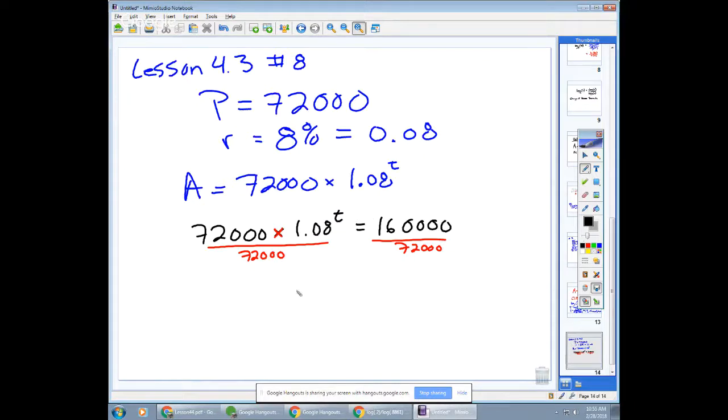Once you have that, it should work out. So then you get 1.08 to the t equals whatever that comes out to. I'm just going to cross out some zeros and call it 160 over 72. And then I can change it to a log. From there, you're right. Yeah, and you can give me that tomorrow. You don't have to get it to me today.